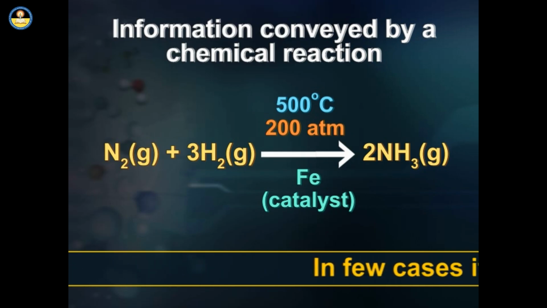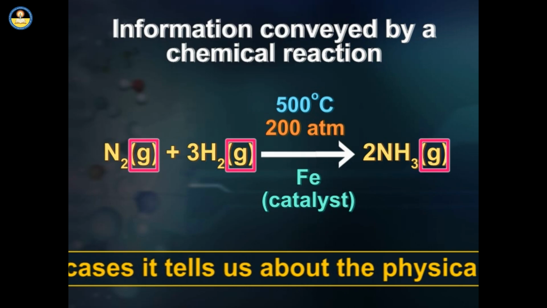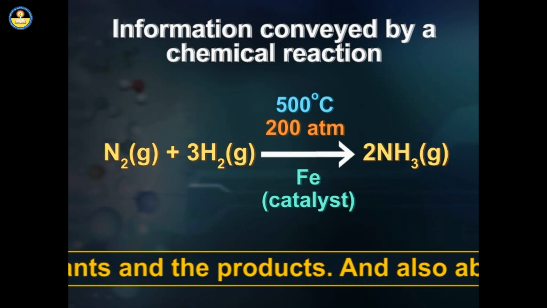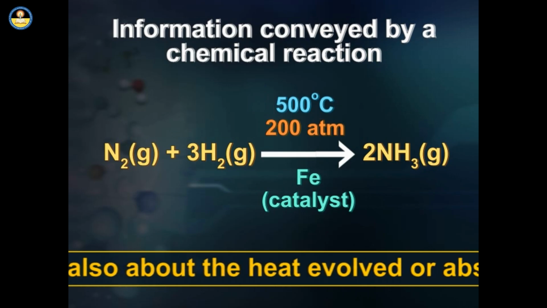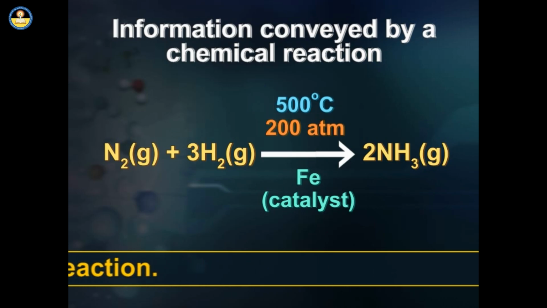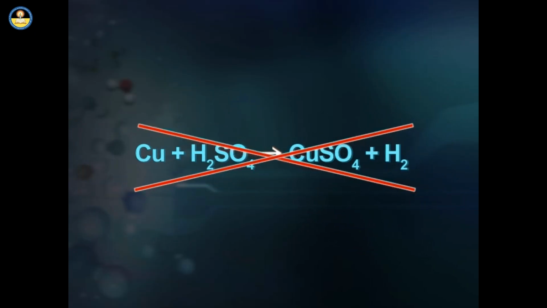In few cases, it tells us about the physical states of the reactants and the products, and also about the heat evolved or absorbed during the reaction. A chemical equation does not tell us about the feasibility of a chemical reaction.